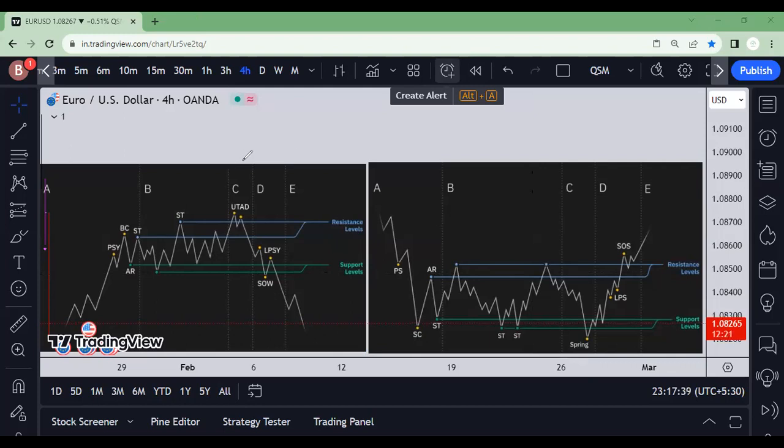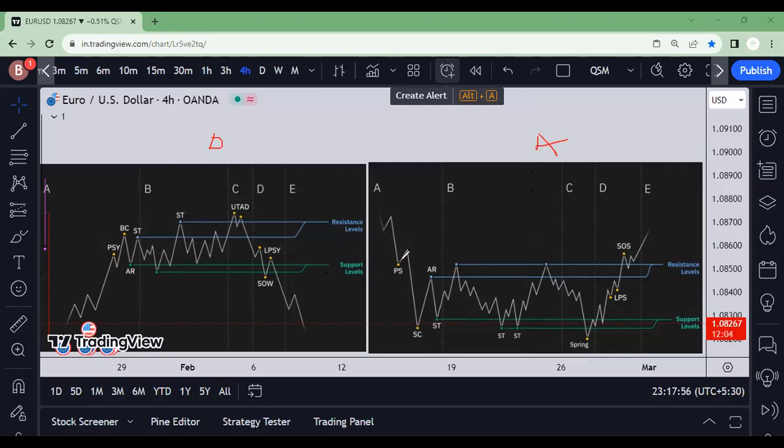Okay, so what I've done, I've taken two images of one image is of distribution, second image is of accumulation.